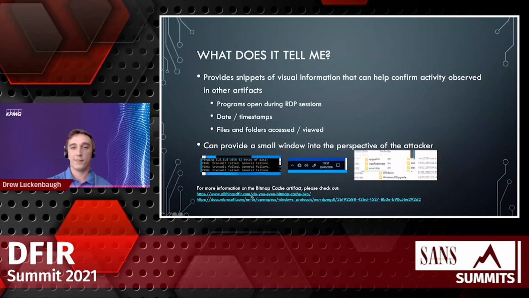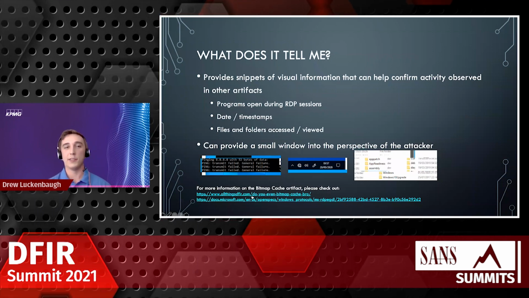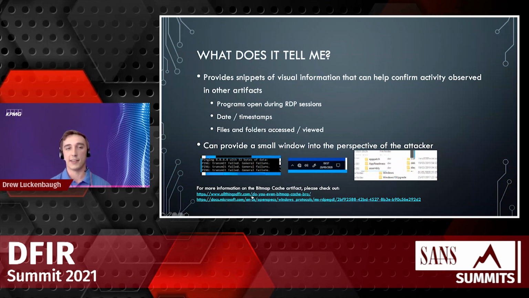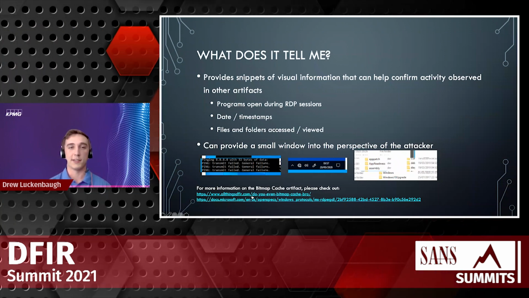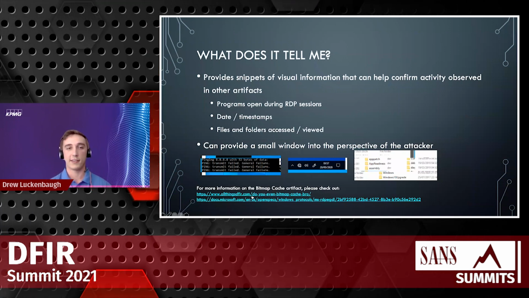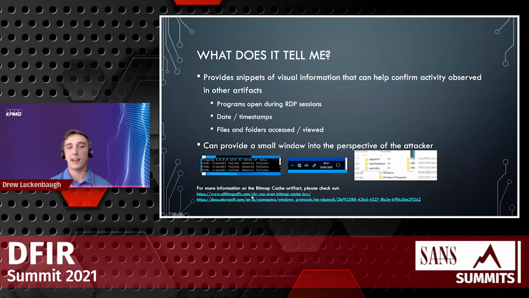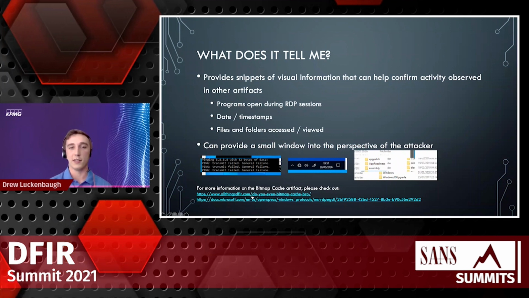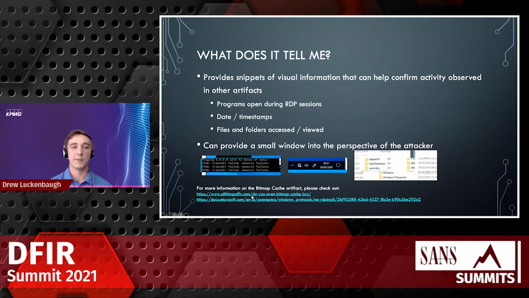So what does it tell me? Well, I've already alluded to this, as most attackers utilize RDP sessions during attacks. So this artifact provides a snippet of visual information that can really help you confirm activity you found in other artifacts. For example, if you only have the source host and not the destination one, you may not be able to confirm if an RDP session was successful and how long it may have lasted.